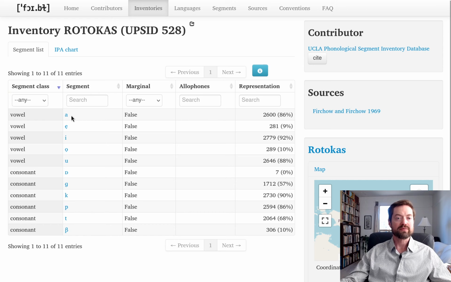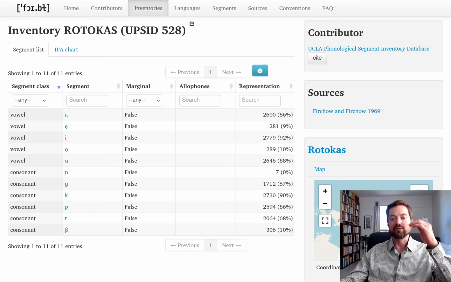So first we can see our vowels are our typical A, E, I, O, U. Although you see there's a little T below the E and the O, which suggests that they are slightly lower. So that's just saying that they're said with the tongue a bit lower than a typical E or O, with the mouth a bit more open.